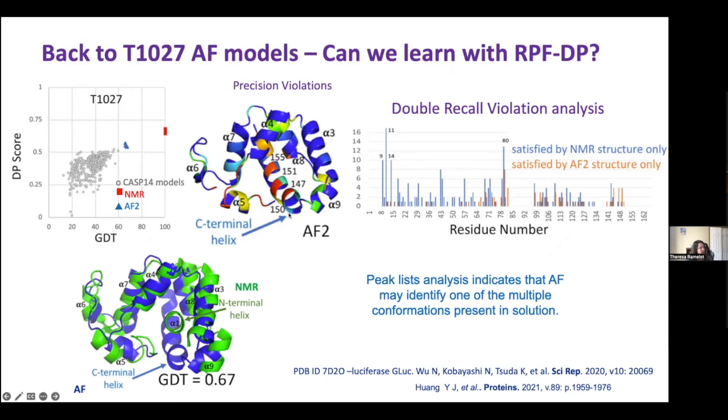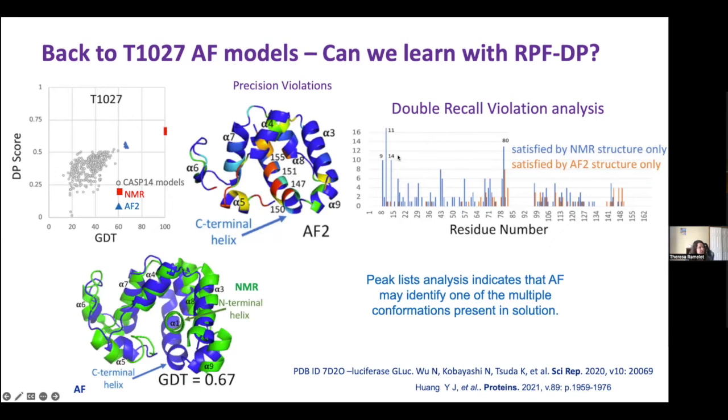So it turns out that the evidence for this C-terminal helix that was predicted by AlphaFold 2 was not seen in the NMR data. Then we did the double recall violation analysis, and we found peaks that were satisfied by the NMR structure only and peaks that are satisfied by the AlphaFold 2 structure only.